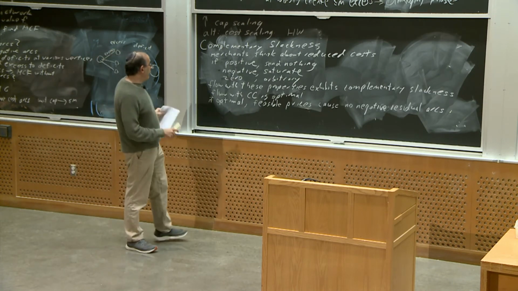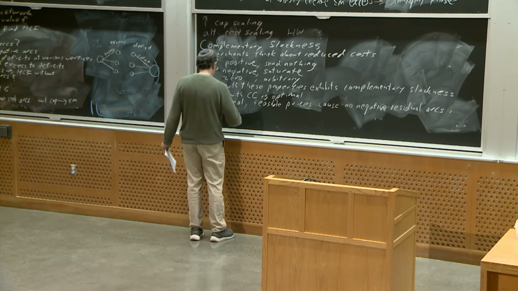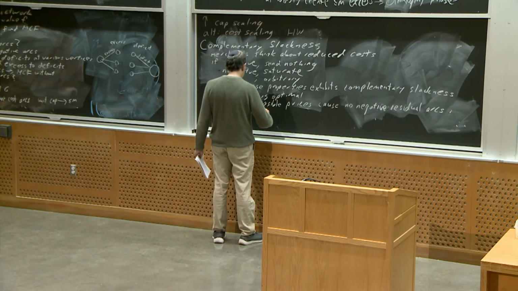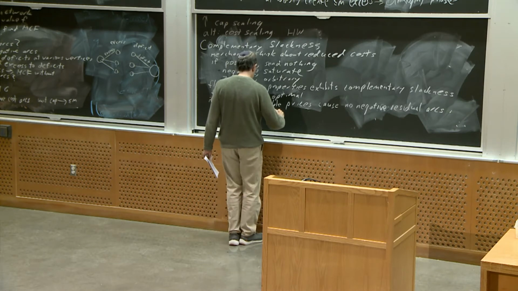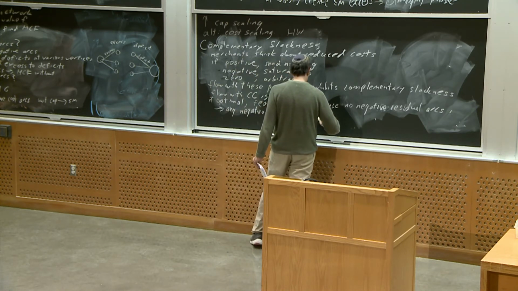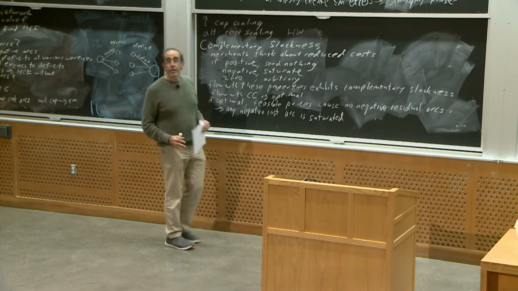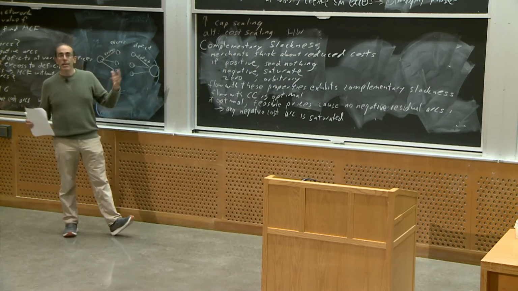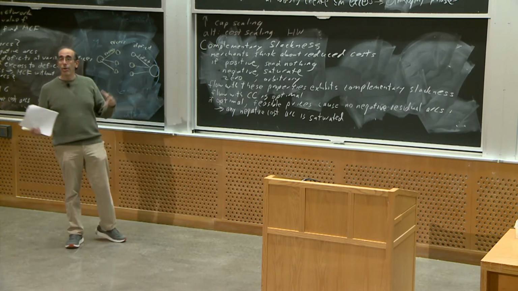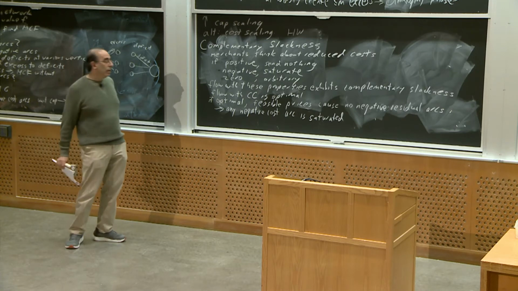And that means that any negative cost arc is saturated, because that's what it means to not exist in the residual graph, right? The way an arc disappears from the residual graph is if it's saturated, right?